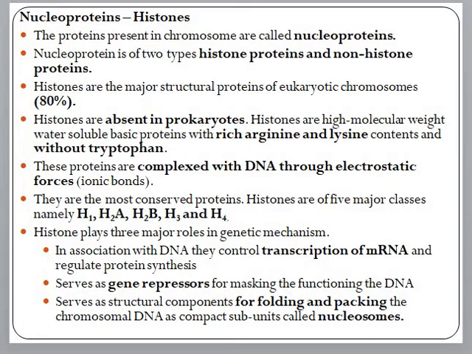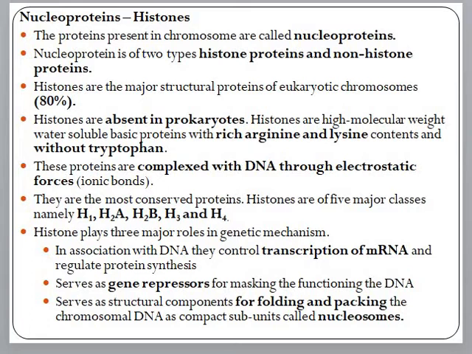They are absent in prokaryotes. Histones have high molecular weight, they are water soluble and basic, with arginine and lysine amino acids. They do not have the amino acid tryptophan. Histone proteins are complexed with DNA through electrostatic or ionic bonds.